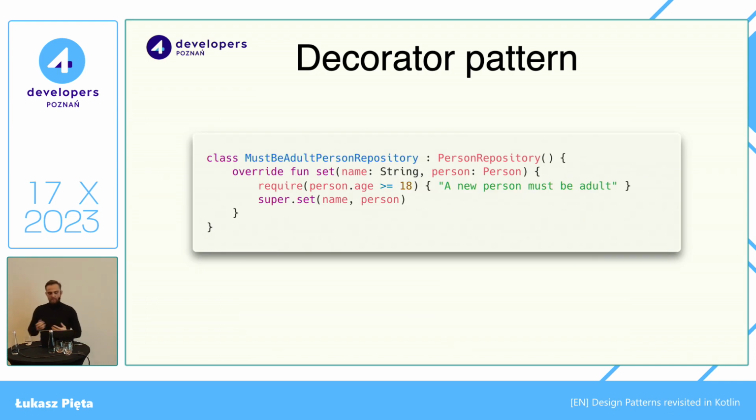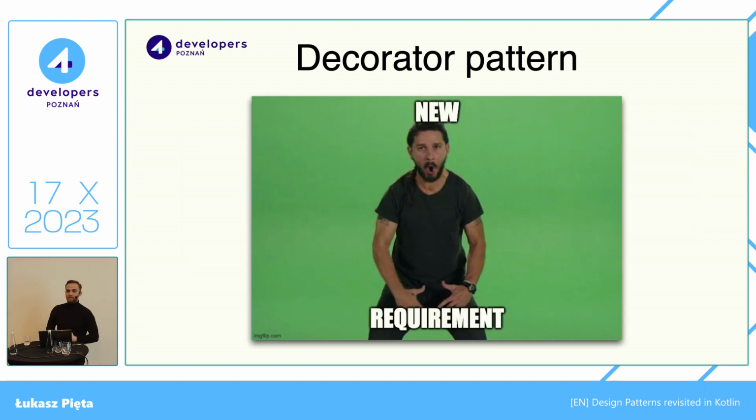Okay, yeah, no problem. We can do it. Another subclass, adding some validation to this method, overriding it. Great, works perfectly. A few days later, the same person comes to us and says, okay, it turns out that these two separated groups have some subgroup, and they want both.